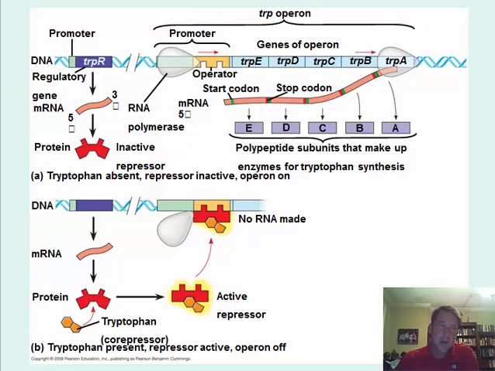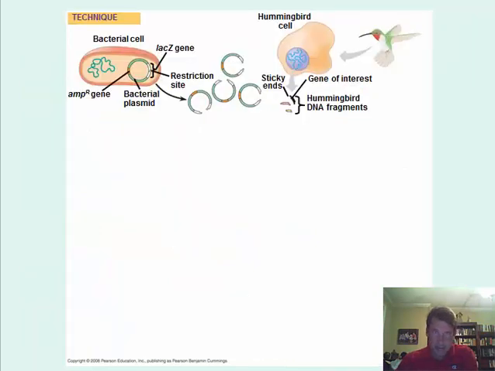One of the most common ways is a process called recombinant DNA. Recombinant DNA is a technique that identifies and isolates a gene that can be manipulated. Usually in this process, plasmids are used.